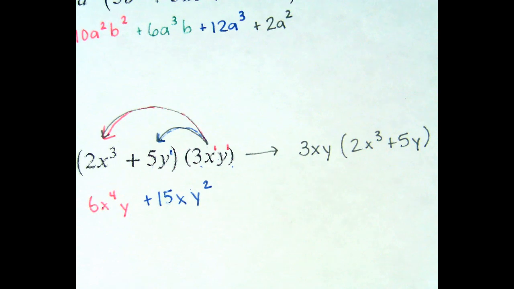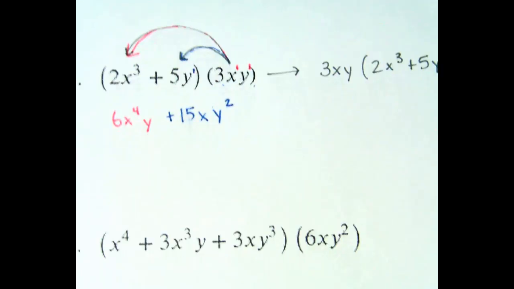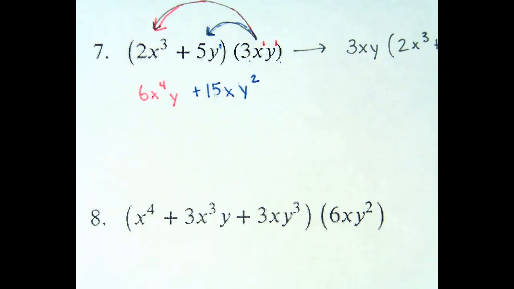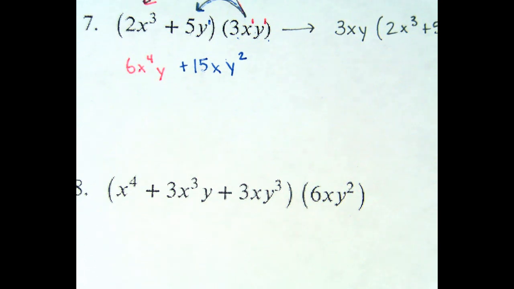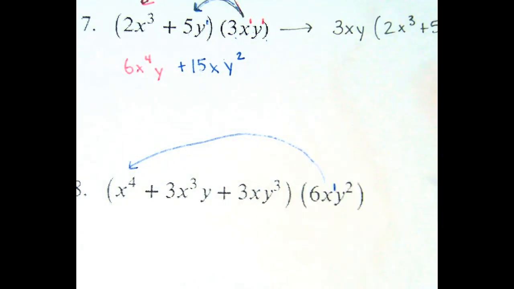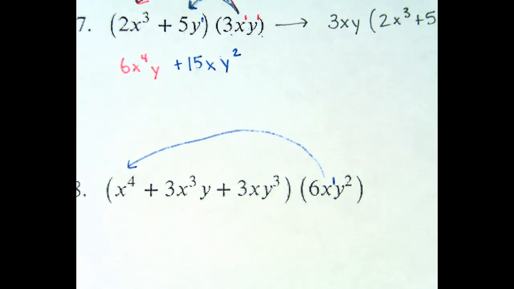Alright, I want you guys to try the last one, number 8. You either rewrite or distribute to the left. Alright, number 8. Let me unfreeze that. Number 8. Did you guys want to rewrite it, or did you just distribute to the left? Okay. We've got a 1 on this x. X to the fourth times 6xy squared. 6x to the fifth.